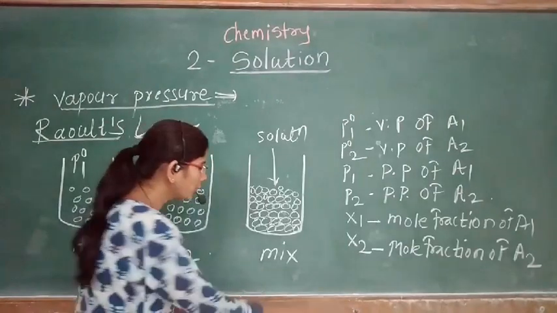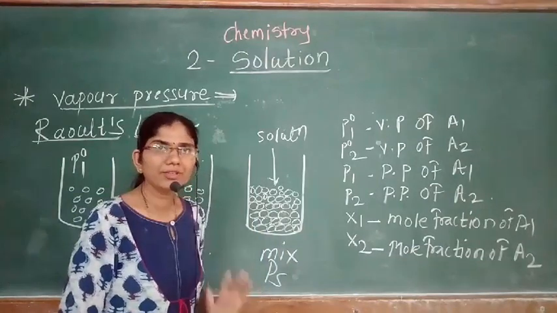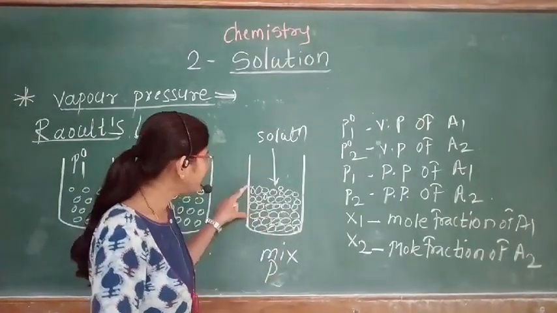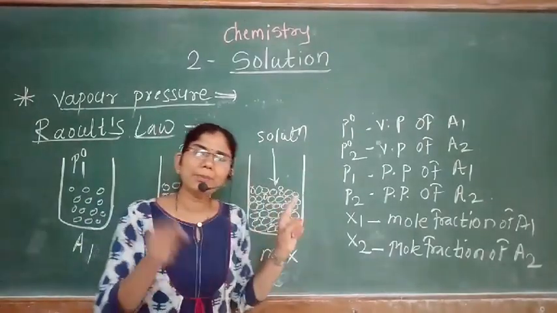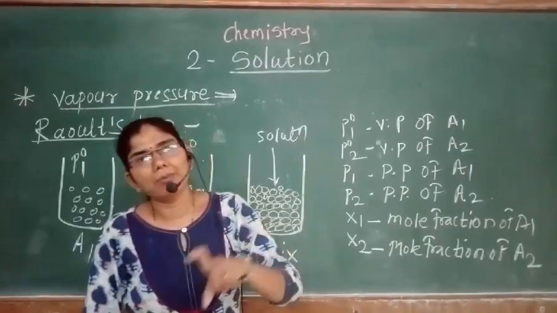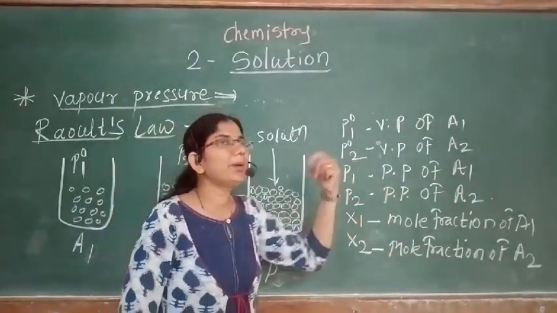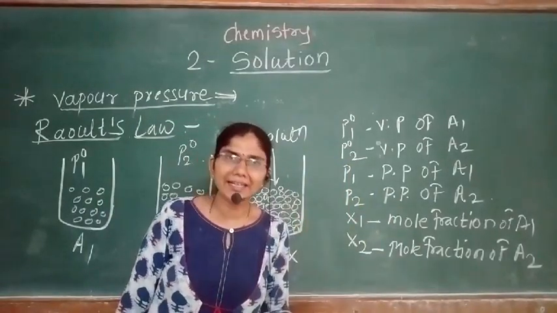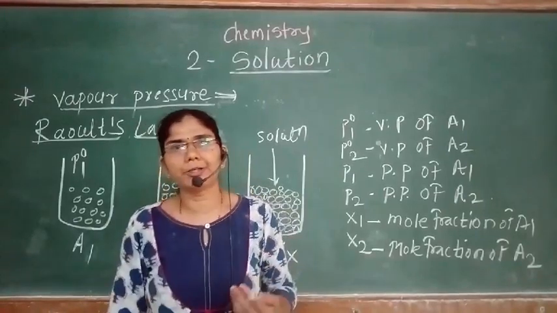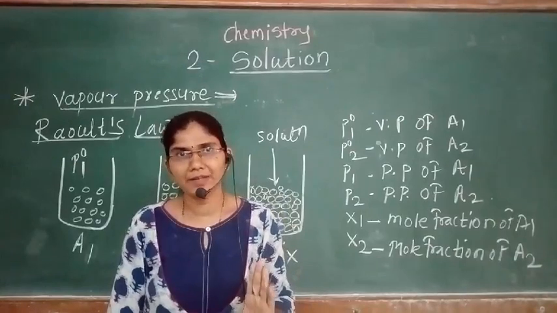If we have a total pressure P, it means P is the total pressure of the mixture, the pressure due to the volatile components A1 and A2. Let P1 be the partial pressure of A1 and P2 be the partial pressure of A2. A1 and A2 are the two volatile components.